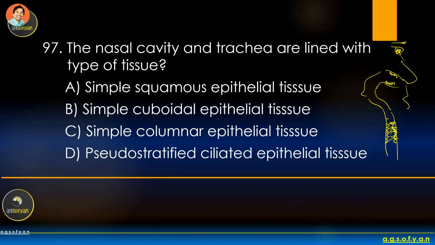These cilia, or hair-like structures, will remove debris from the nasal cavity and also from the trachea, and bring it into the pharynx or to the mouth. It might be swallowed, but that's okay, better than going to the lungs. So this is pseudostratified epithelial tissue with cilia, hair-like structures.